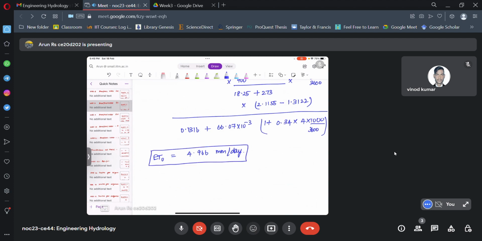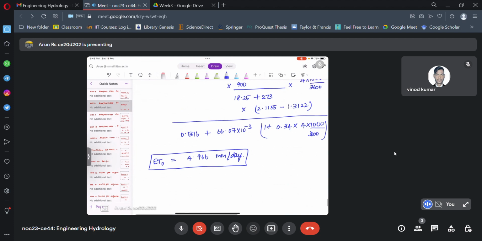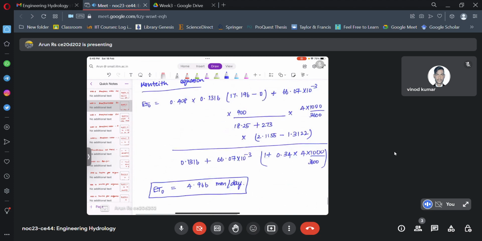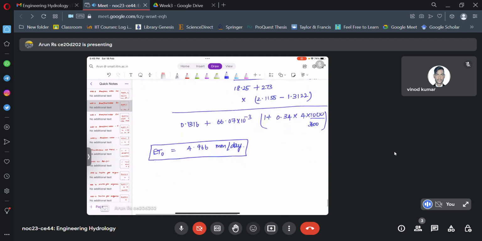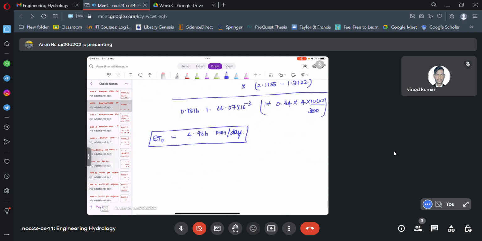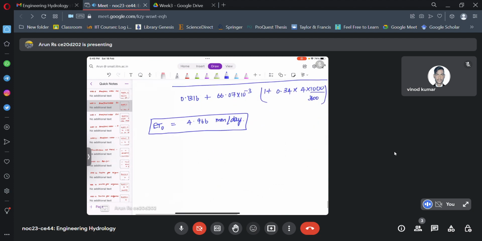So when healthy grass under ideal conditions with a sufficient amount of moisture is exposed to the solar radiation which we calculated in the previous steps, and temperature and climatic conditions as given in the question, it can give an evapotranspiration of 4.966 mm per day. But this is under ideal conditions.